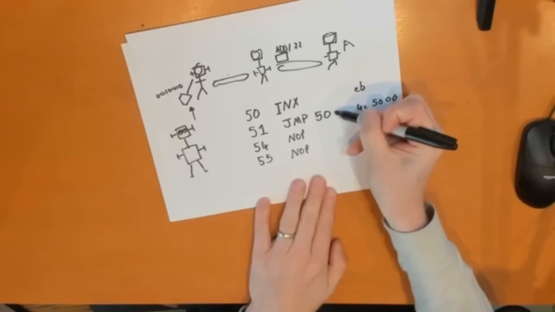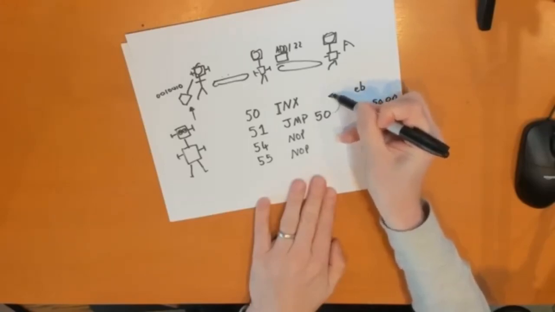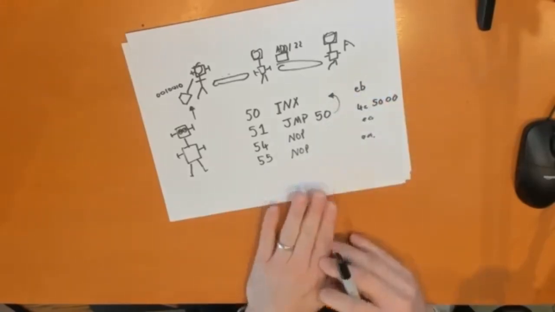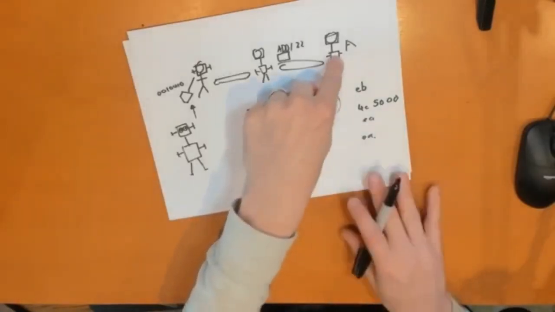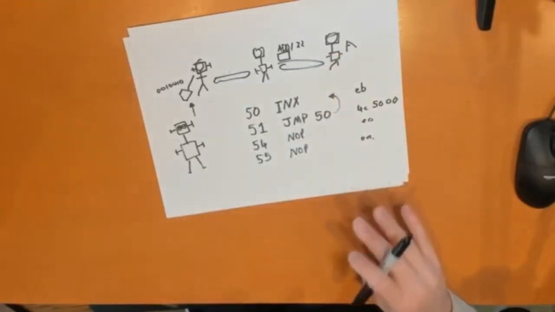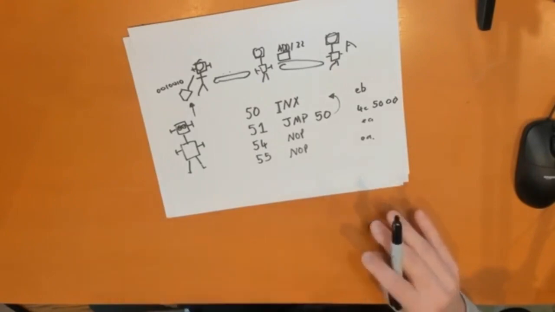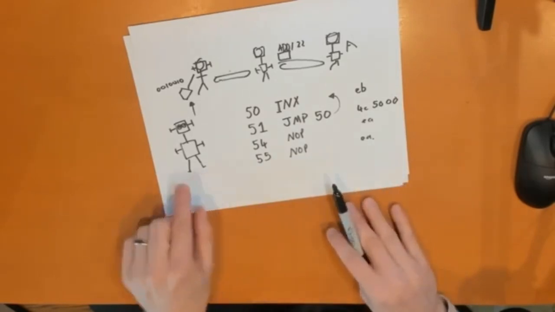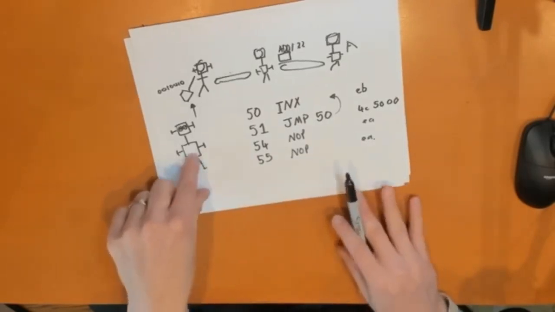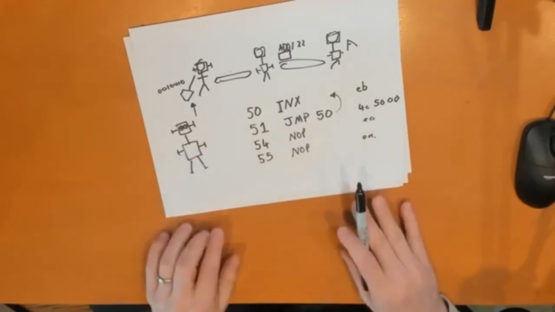So just to be clear, this jump is an infinite loop that's just going to sit and increment the X register forever. It's a pointless thing to do, but it was just a very straightforward little program for the purposes of this. So the first time this happens, the executing robot pulls the ripcord and says, wait, we're going the wrong way. I need to get back to address 50, please. He sends a message over to the predicting robot, and the predicting robot notes down, oh, interesting.